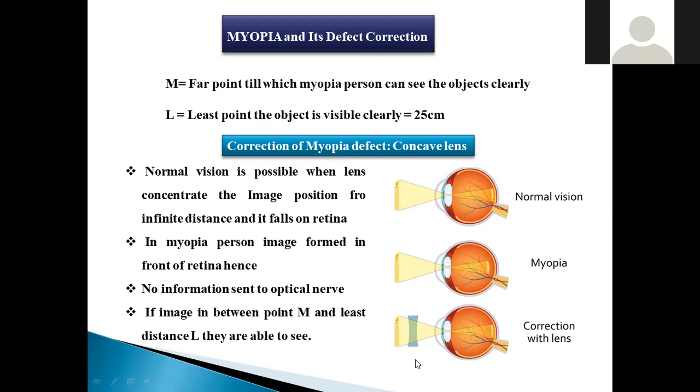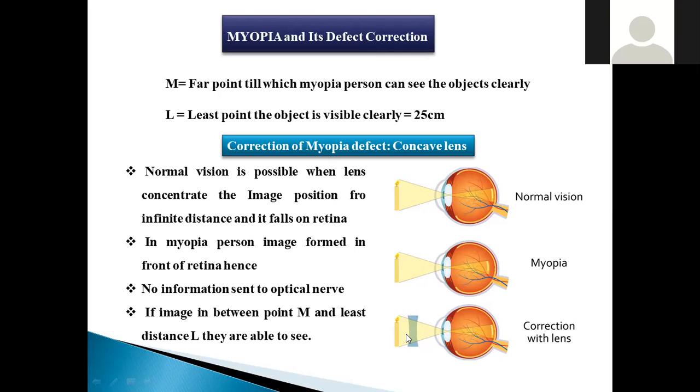And in order to correct this myopia, we insert a concave lens. The concave lens is the additional support, because in general the human eye should do this, but here, because of its deformation, we take external aid, that is the concave lens. The concave lens is kept between the object and the human eye.